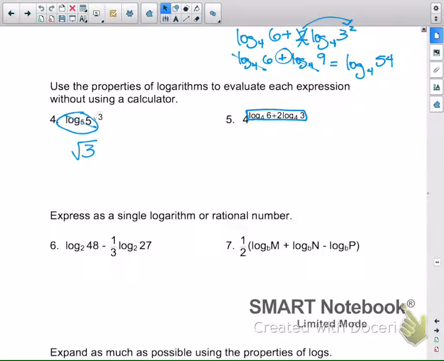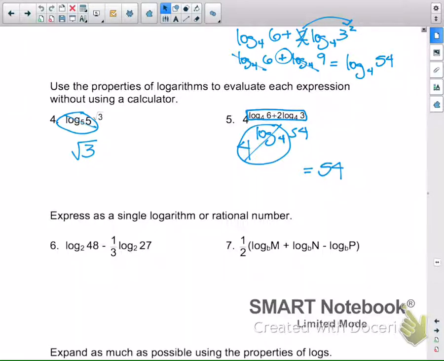Now, this is not the answer to our problem. What is this? This is just the exponent, but because we have it condensed down to that, now what can I do with my 4 to the log base 4? Cancel. Which means my final answer here is what? 54.